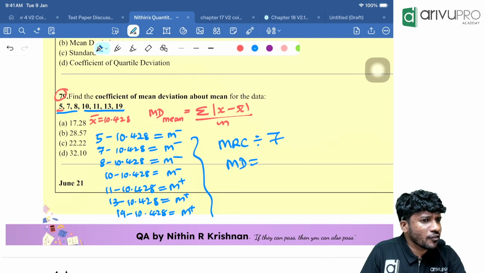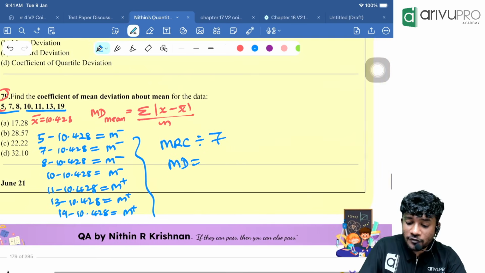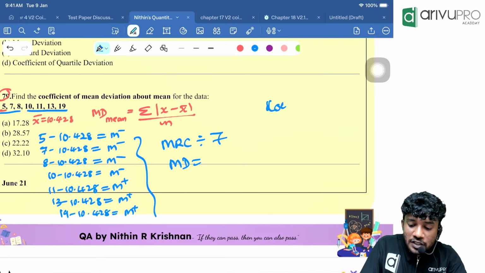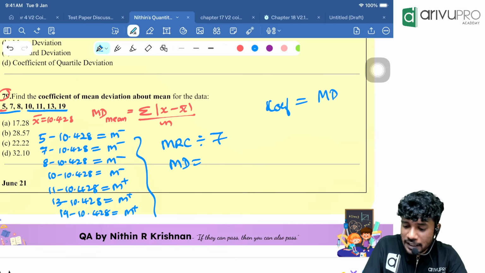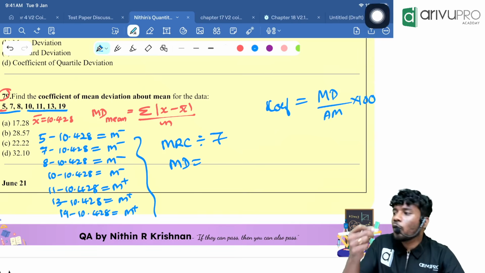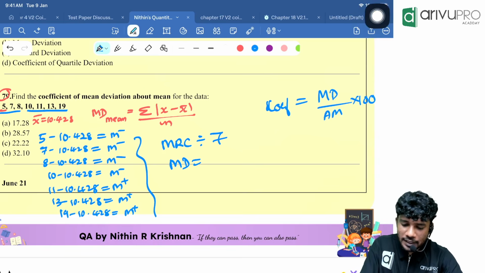But are they asking for mean deviation? No. They are asking for the coefficient of mean deviation. The formula is mean deviation divided by arithmetic mean into 100. Whatever value is on your calculator, was it 3.34 something?